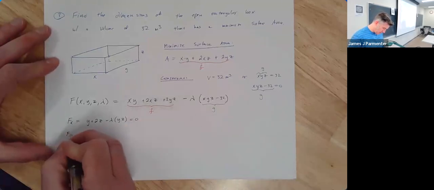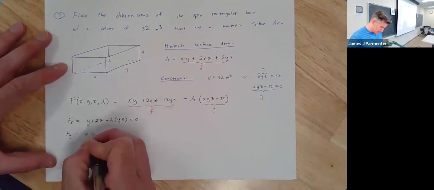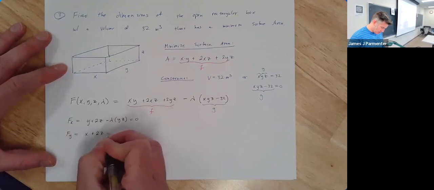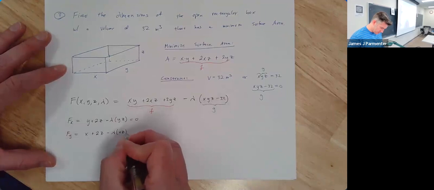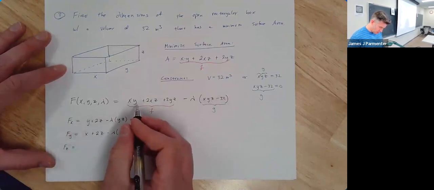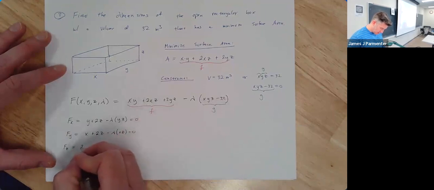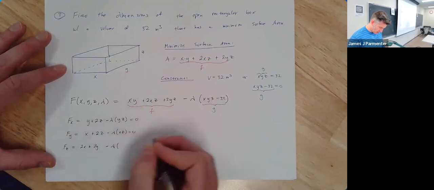And then F_y is going to be similar. It's going to be x plus 2z minus lambda times xz. And finally, F_z is equal to 2x plus 2y minus lambda times xy.